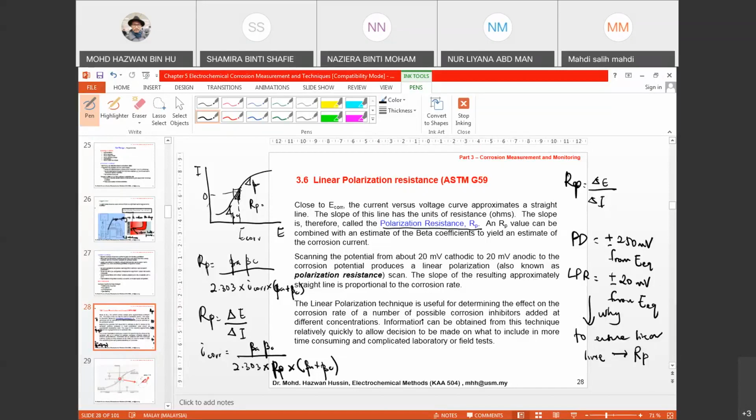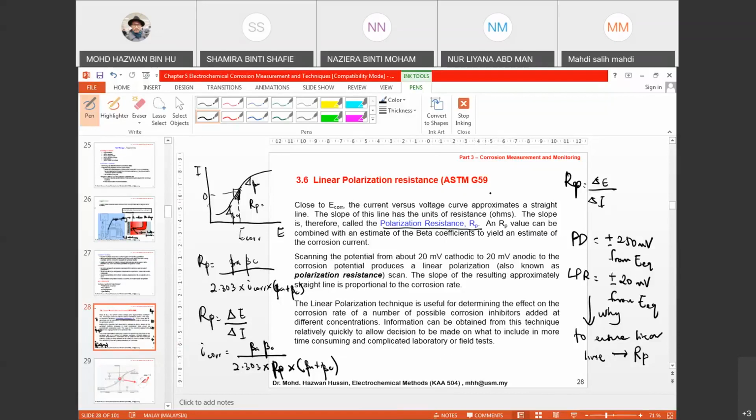The linear polarization technique is useful for determining the effect on corrosion rate of a number of possible corrosion inhibitors added at different concentrations. Information can be obtained from these techniques relatively quickly to allow decisions to be made on what to include in more time-consuming and complicated laboratory or field tests.